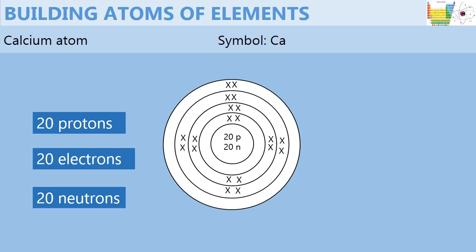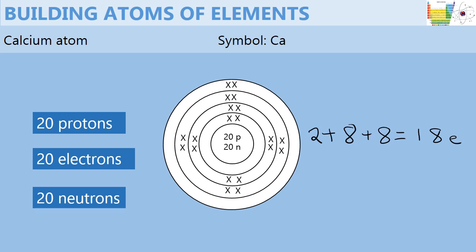In the third energy level, we have also 8 electrons. As you can observe, these electrons are written in pairs. So far, we have 2 electrons in the first energy level, plus 8 electrons in the second energy level, plus 8 electrons in the third energy level, giving us a total of 18 electrons.